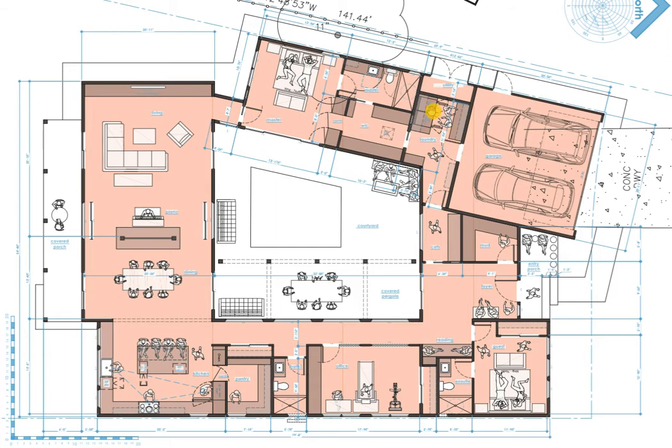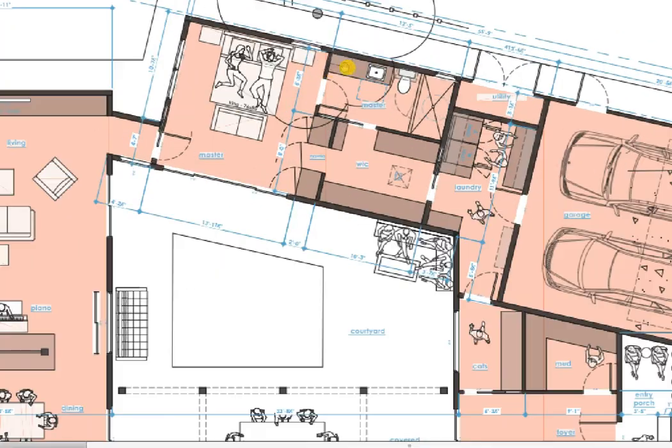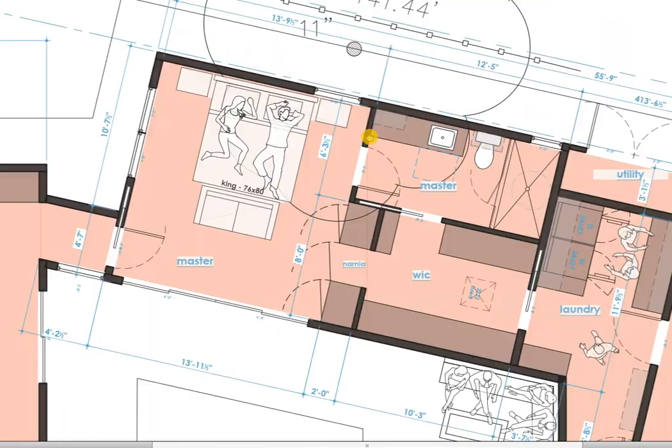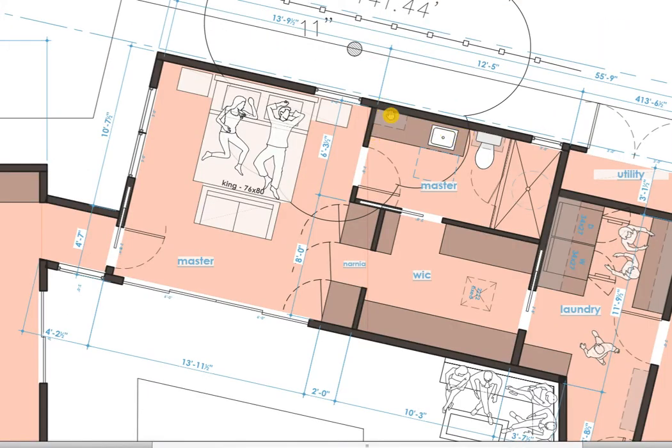But let's see, anything else that's kind of a big change? So I know that we were concerned about the master bath before and how much storage you'd have here. So I'm showing still a very nice size walk-in shower. I'm not showing any plumbing fixtures in here yet, but I imagine two shower heads would go in this area. Storage above the toilet. One vanity here or one sink here on an extra long vanity with storage above as well.